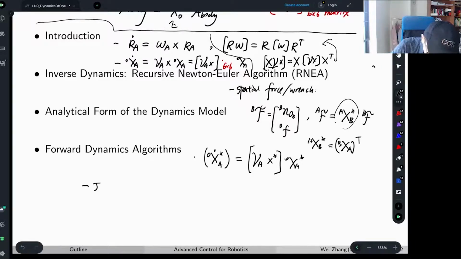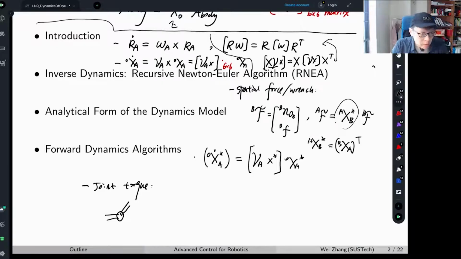Overall, we also know joint torque. Okay, joint torque. Let's say you have a joint, and the joint will provide force, right? The wrench, in general, but not all of the wrench contributes to the motion, because some of it is really a reaction force to counteract the structural force. So only certain directions you can move, and you just take torque times the motion.